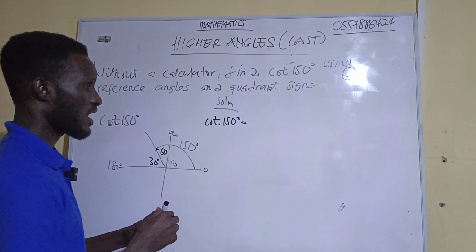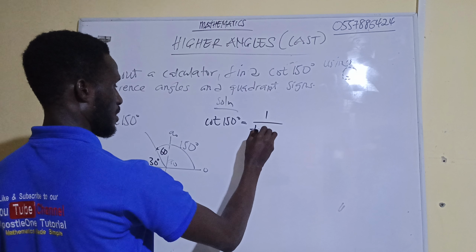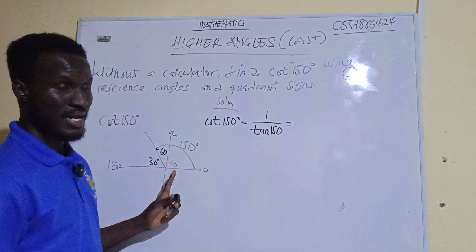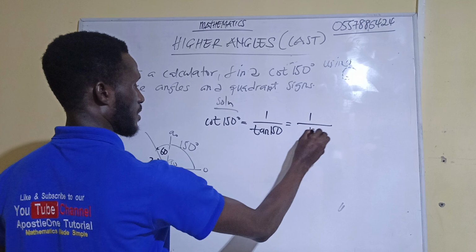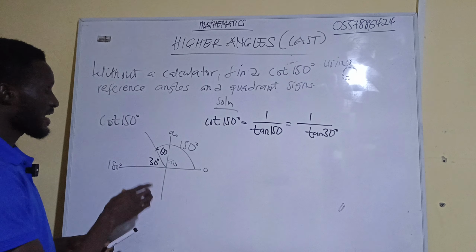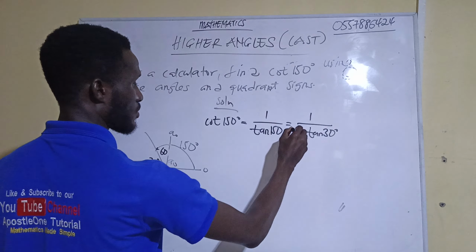You understand? Okay, now let me do it like this. It's the same as 1 over tan 150. Now the acute angle is 30, so we're going to get 1 over tan 30, right? Now this one is in the second quadrant. In the second quadrant, tan is negative, so I need to negate this one.